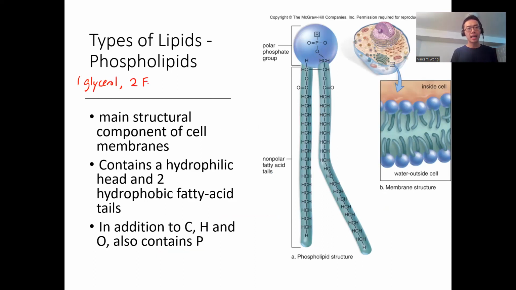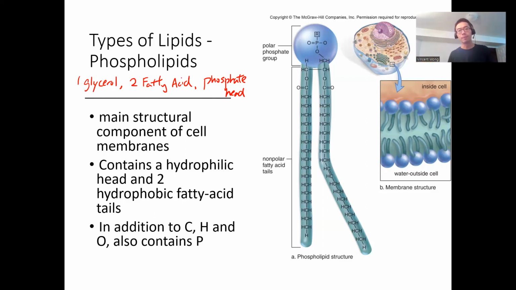Two fatty acids. Now, these fatty acids can be saturated or unsaturated. It doesn't really matter. And we need to have a phosphate group, the phosphate head. Sometimes it's called the polar head.